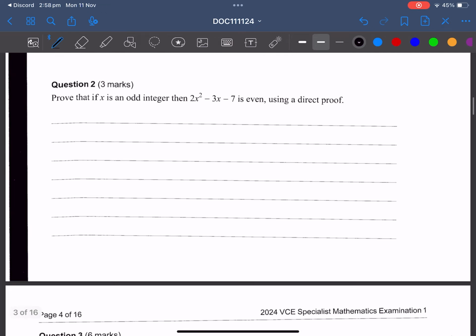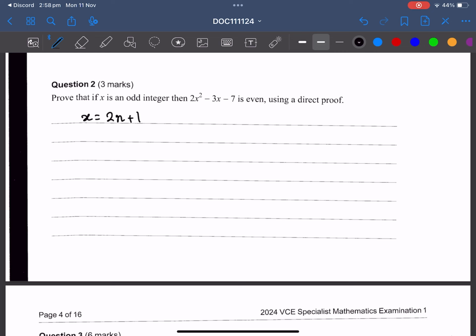Okay, prove that if x is an odd integer, then this is even, using a direct proof. Okay, so for it to be an odd number, our odd number can be written like 2n plus 1, right?